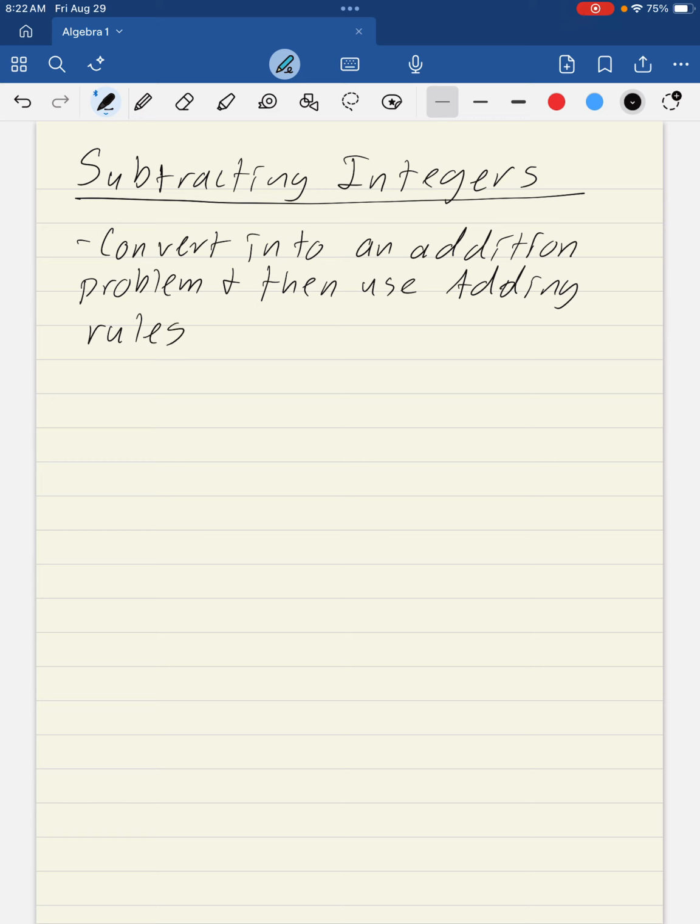So you're going to see that the adding and subtracting are closely tied here because, again, with subtracting, we're going to flip it right back to an addition problem. What do I mean by that?